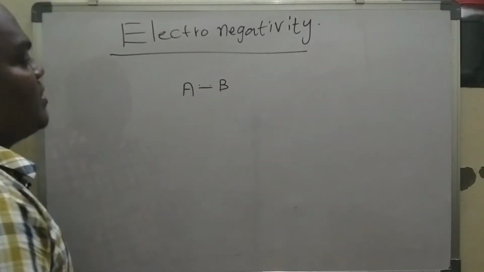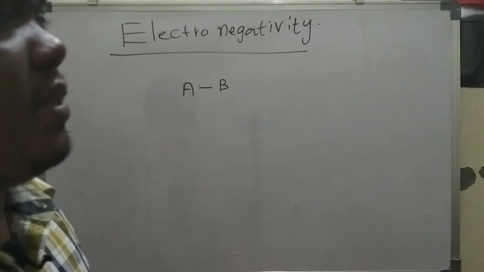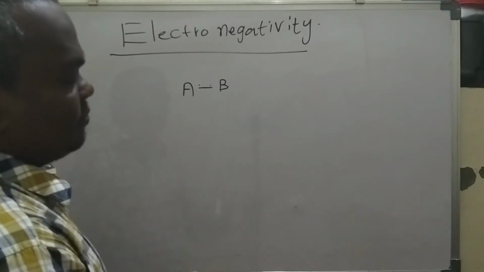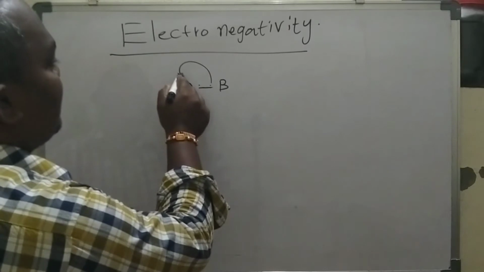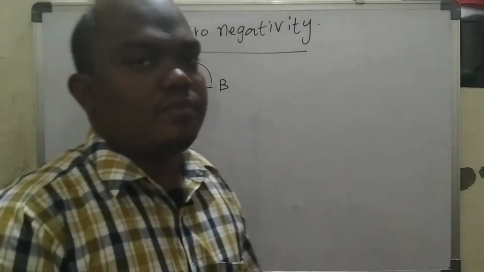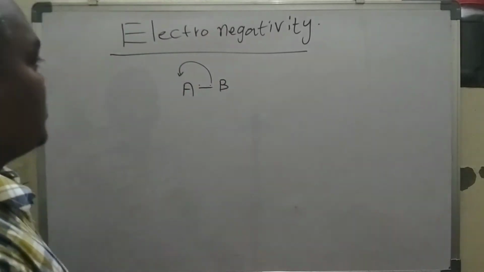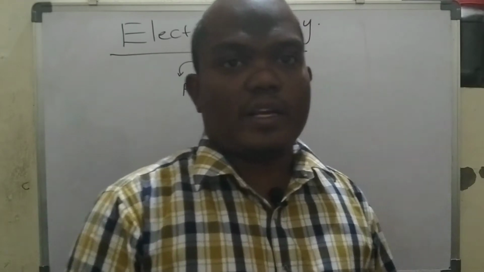In the covalent bond formed by dissimilar atoms, one of the atoms will pull the shared pair of electrons towards itself. That we can call electronegativity.